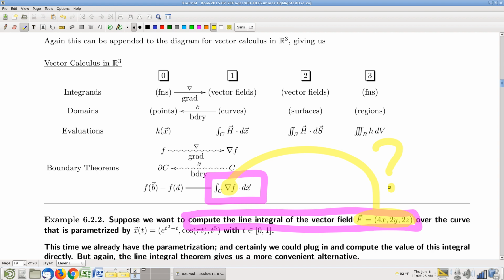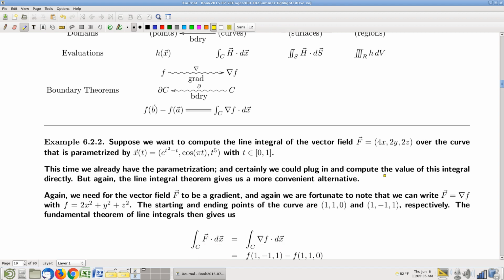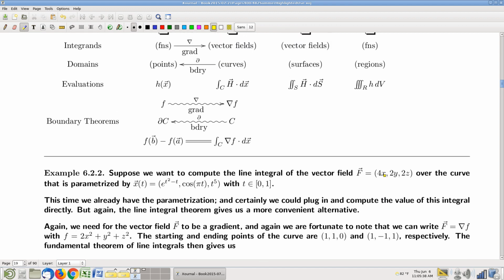Oh, okay, so there's a technique for deciding if a vector field is or is not a gradient. We'll get to that after the break. Here, just to get our hands successfully dirty and see the mechanics of how the theorem works, I'm going to go ahead and just point out that, hey, check it out. This function here, its gradient is the f that we are interested in, and so yes, we are looking at a line integral of a gradient.